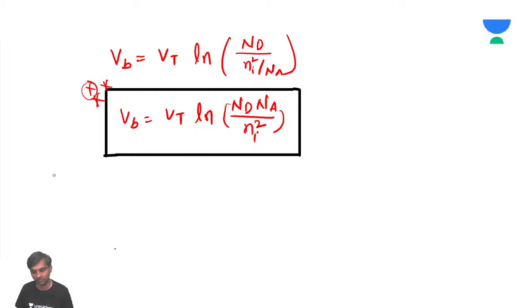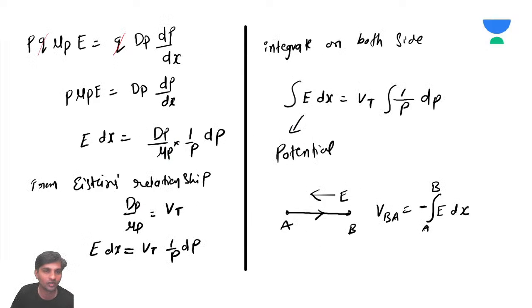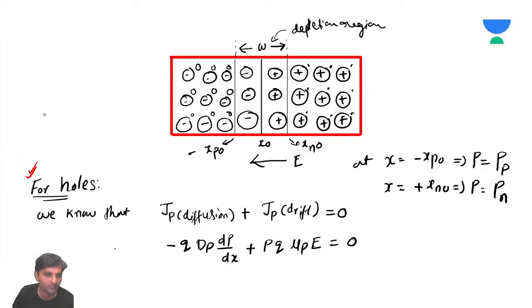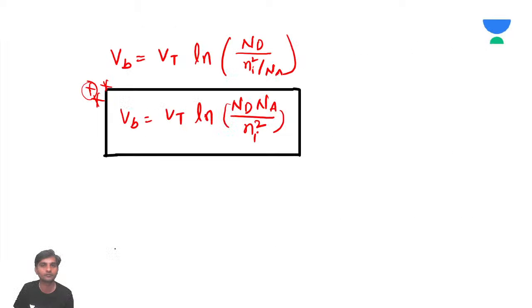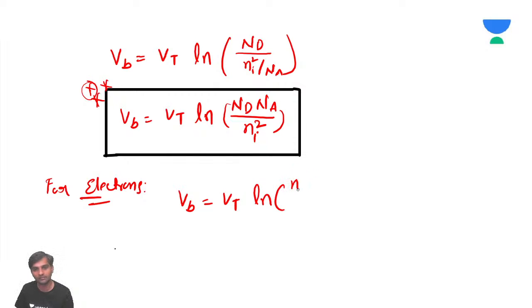So this is for holes, which we have calculated. So what would it be for electrons? For electrons, Vb is going to be Vt into natural logarithm of Nn by Np.